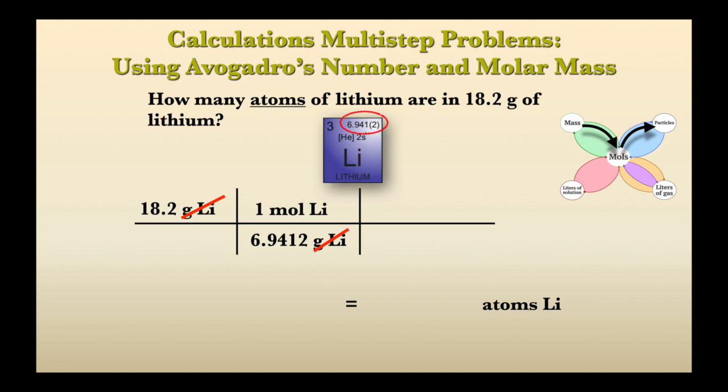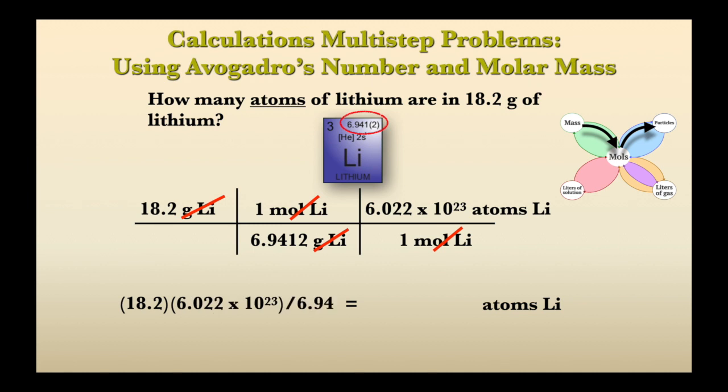Is that going to be on the top or the bottom? We want the moles to cancel out, so the moles has to be on the bottom, and the atoms on the top. Remember, because it's lithium, you can say atoms because it's only one thing. Now we can cancel these out. Notice that the only unit left is atoms.